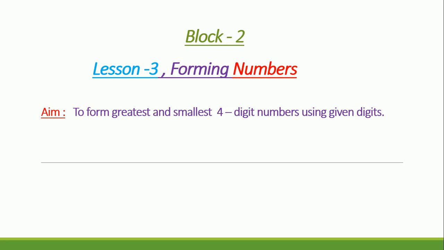We can also find the greatest and the smallest number from a set of digits. So today we are going to make the greatest and the smallest 4-digit number from a given set of digits. The aim of today is to form the greatest and the smallest 4-digit numbers using given digits.